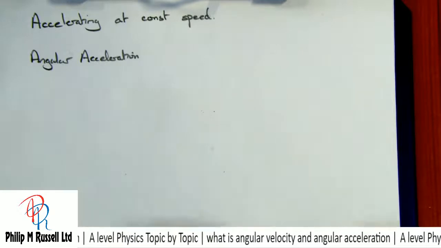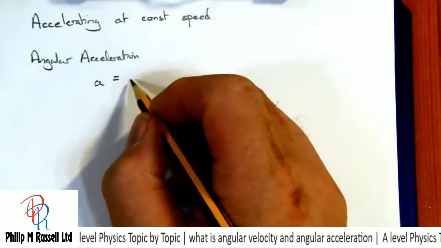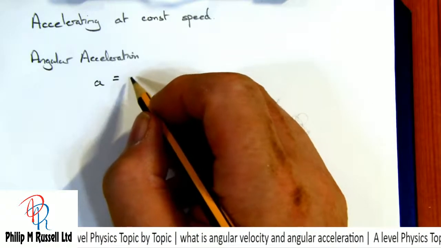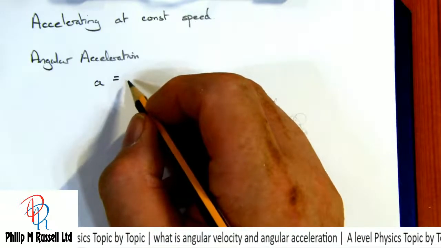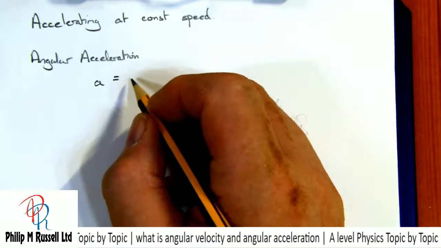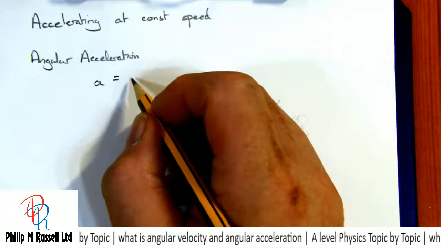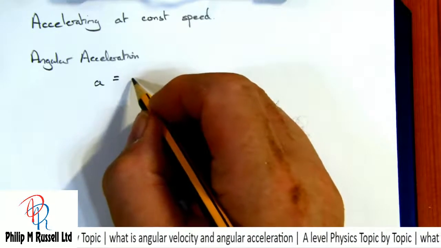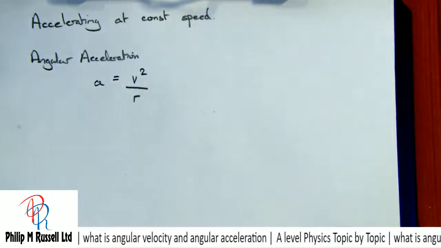And we know our acceleration is going to be the rate of change of the speed with time, and to work this out it's going to be the speed squared, which we're going to call v here, v squared over r.